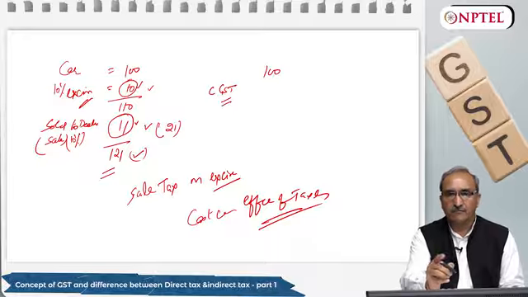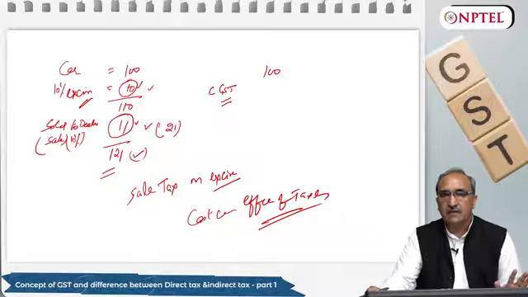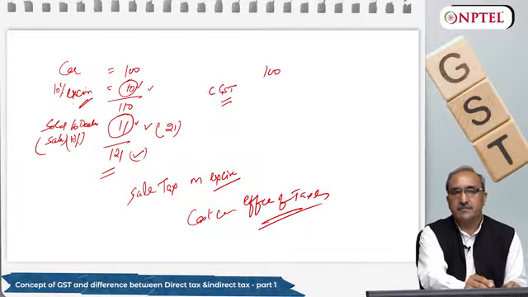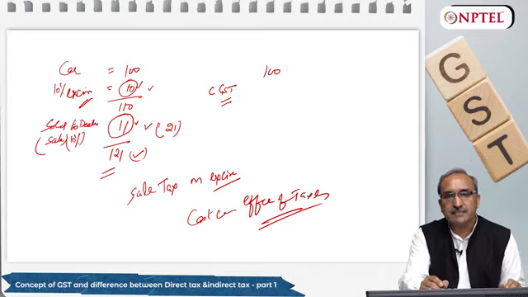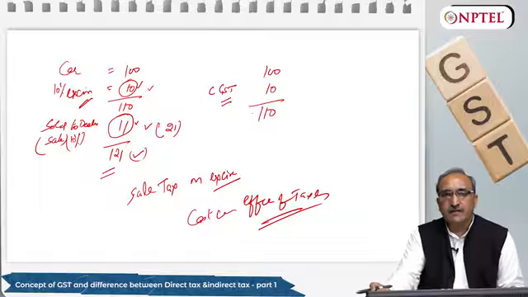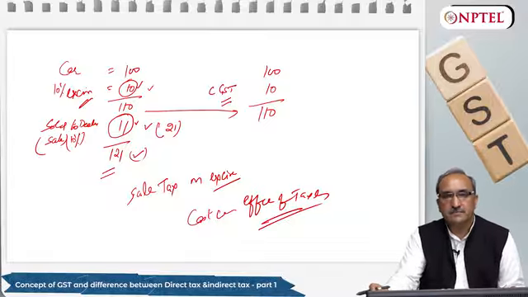I told you in my first slide that some taxes are imposed by the central government and some are levied by state governments. Excise duty was a tax levied by the central government. So though it is a central tax, it is replaced by CGST, again a central GST. So central GST is applicable as it is. The car value is 110. There is no difference till this stage.